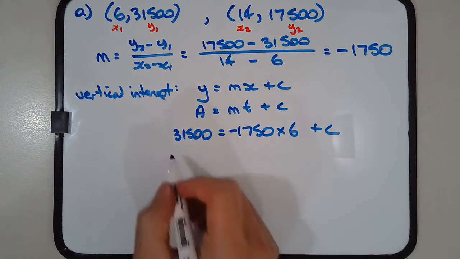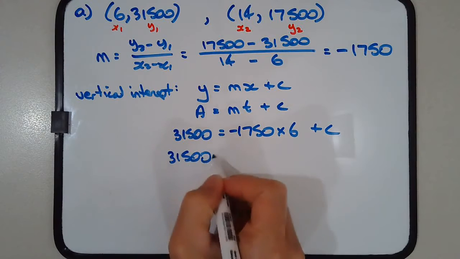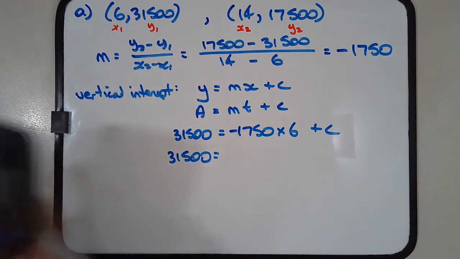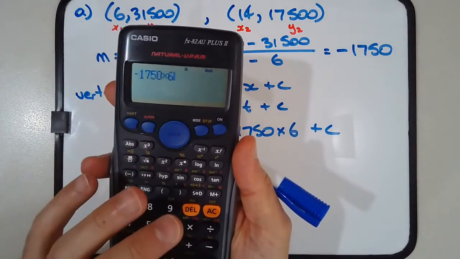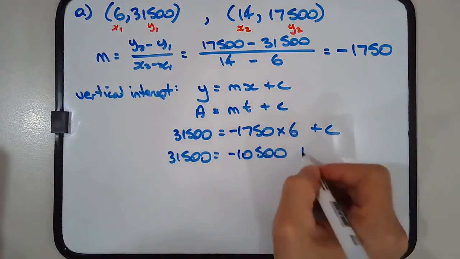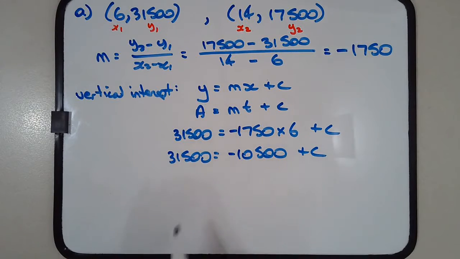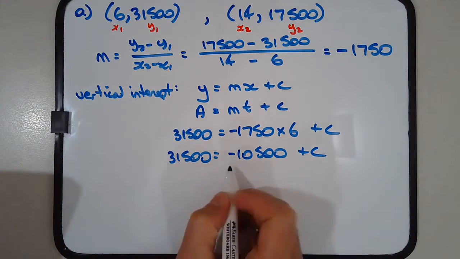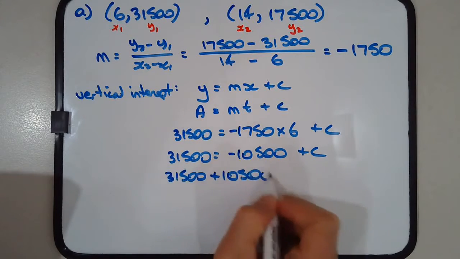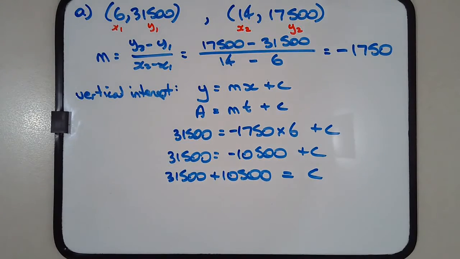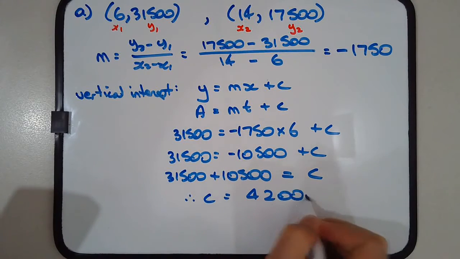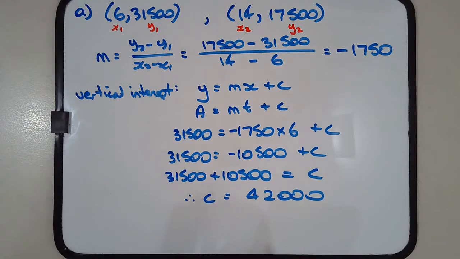So 31,500 is equal to negative 10,500 plus c. Rearranging this formula to make c the subject, 31,500 plus 10,500 is equal to c. And so therefore c is equal to 42,000.